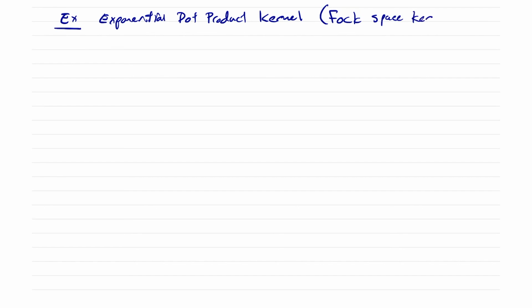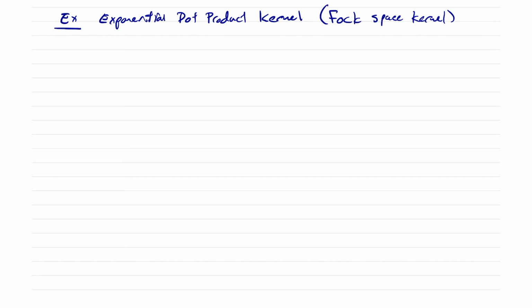Okay, so now let's talk about a few examples of kernel functions. And my favorite one is the exponential dot product kernel, also known as the Fock space kernel in a different context.